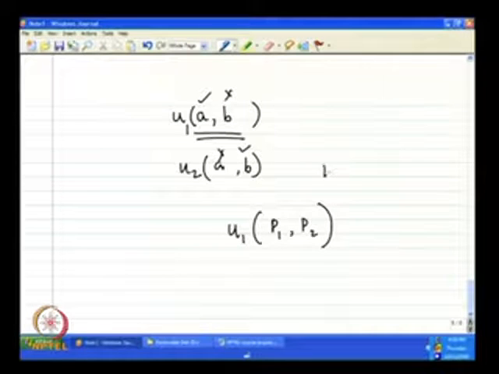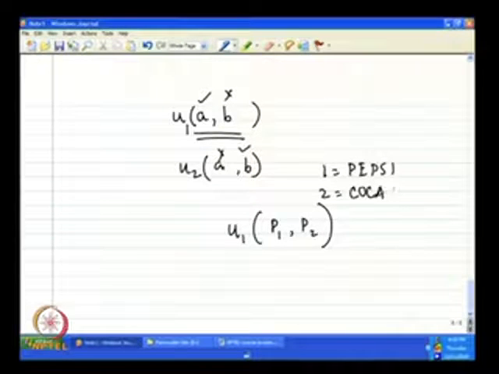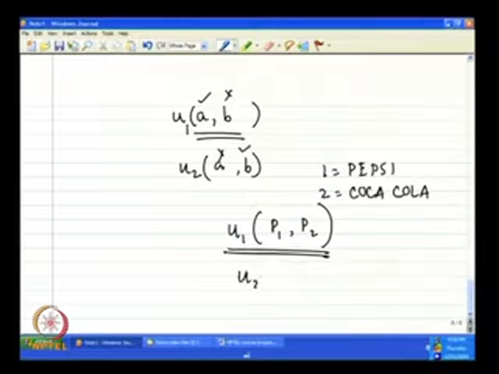Suppose 1 is Pepsi and 2 is Coca-Cola, then P1 is decided by Pepsi, P2 is decided by Coca-Cola, but both of them together decide the payoff of Pepsi company, and similarly the payoff of Coca-Cola company.